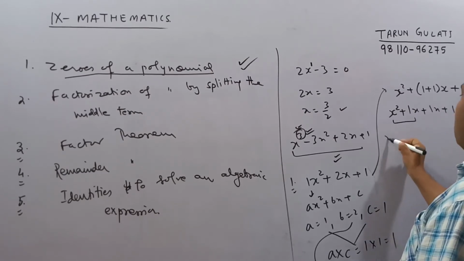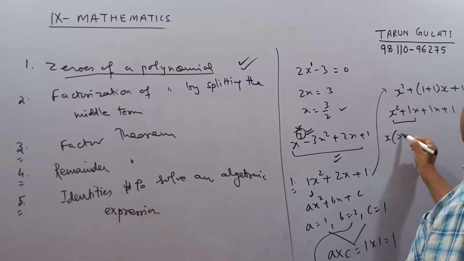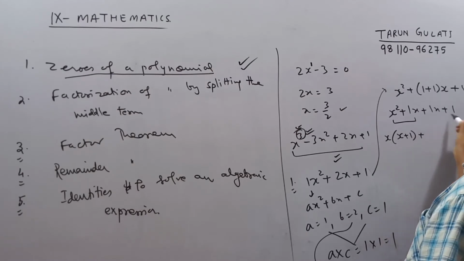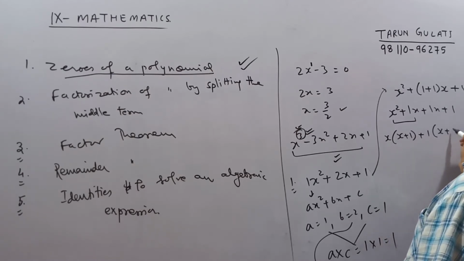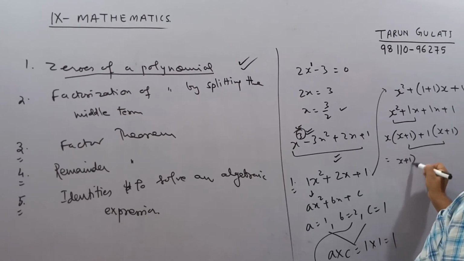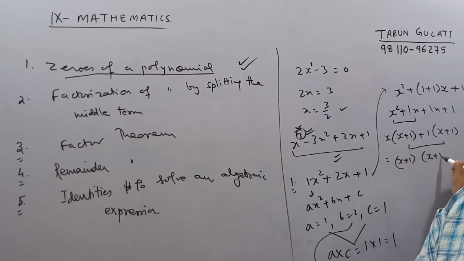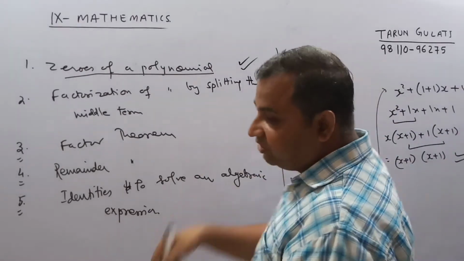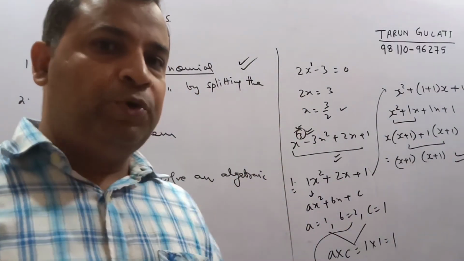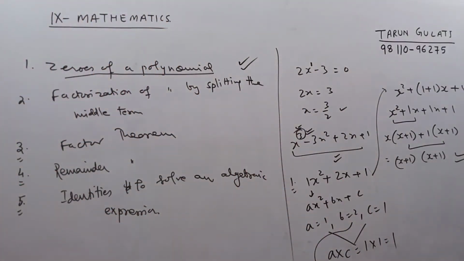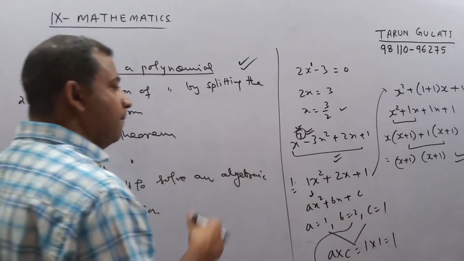Taking x common, the remaining is x plus 1. Taking 1 common, it is x plus 1. On taking x plus 1 common, the remaining is x plus 1. These are the factors of the given polynomial. I suppose you all understand factorization by splitting the middle term.